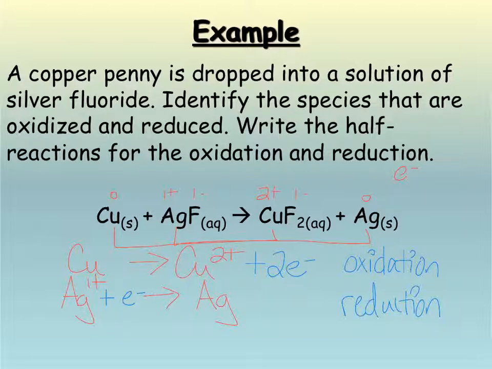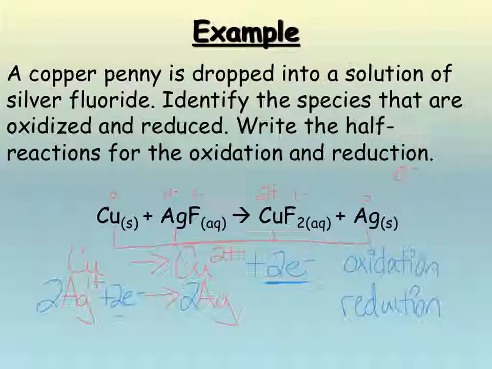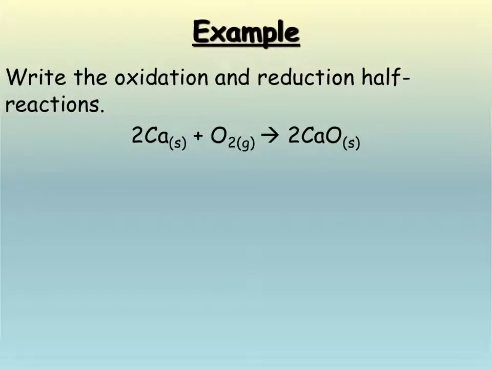Now I need to make sure that I have an equivalent number of electrons. Over here, I have 2 electrons, so I've got to get Ag to 2 electrons. I'm going to multiply the entire equation by 2. And now I have 2 electrons and 2 electrons.